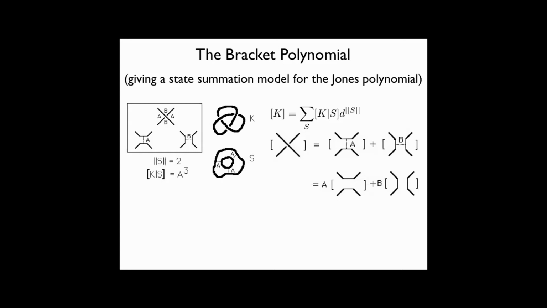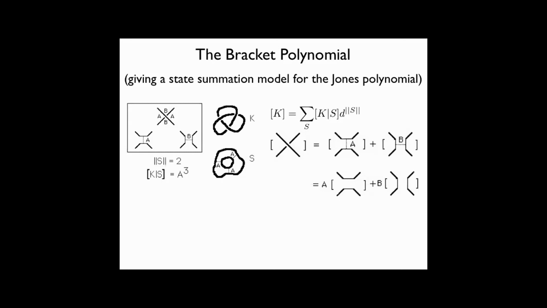And it satisfies the skein relation that we saw before for the following reason: at any point in the diagram, the states will be either of type A or type B. So if you divide the states into those that are A at a given crossing and those that are B at a given crossing, then you have a disjoint union of two collections of states, and the summation is the summation over the first collection plus the summation over the second collection.